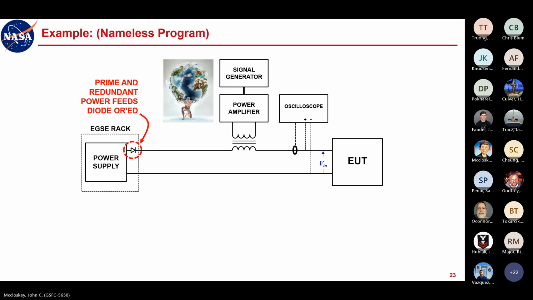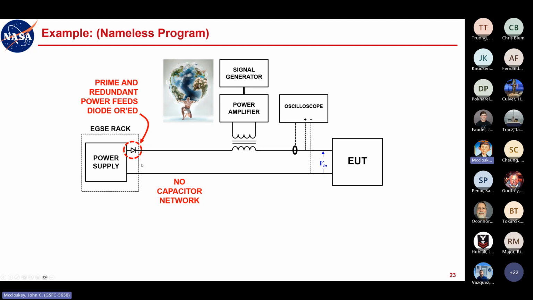Okay. Now, from a purely DC power standpoint, as long as you can handle the power dissipated in that diode, and it's just EGSC, okay, no problem, but it actually caused some issues here with CS101, as we're going to talk about.